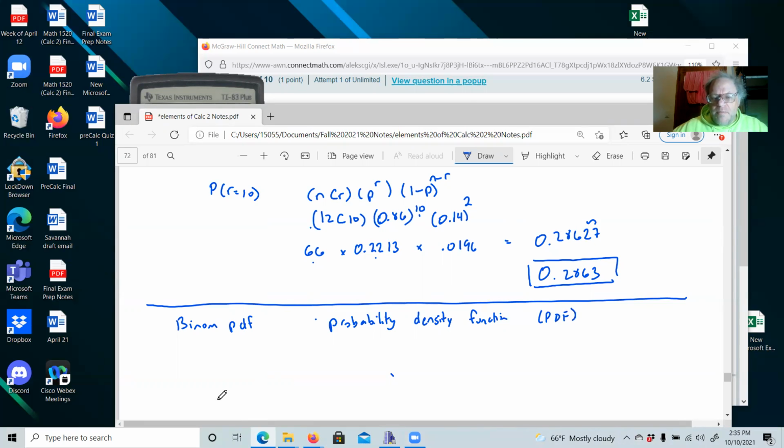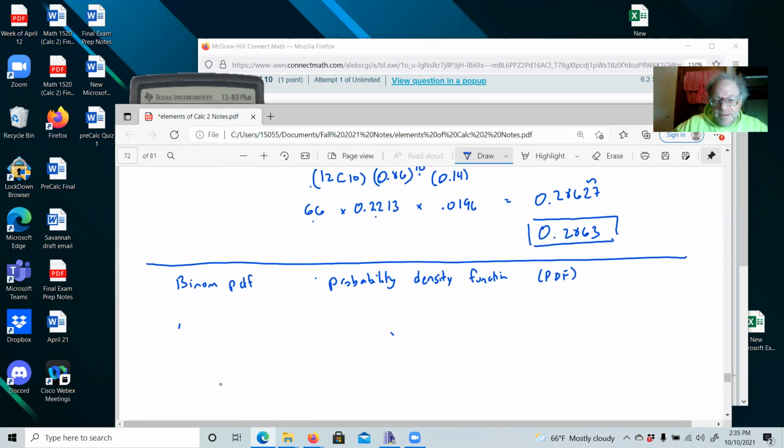A binomial CDF is a cumulative density function. The PDF is for a particular value. The CDF is for a collection of values.